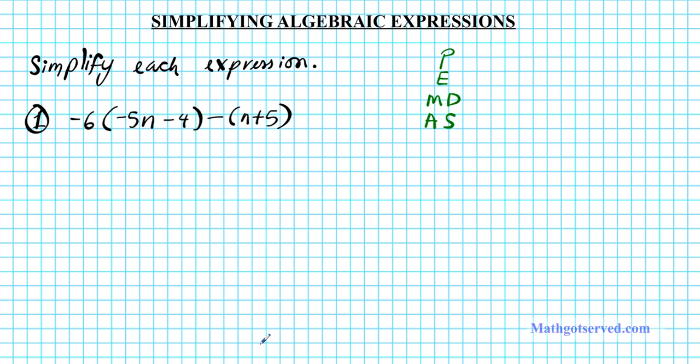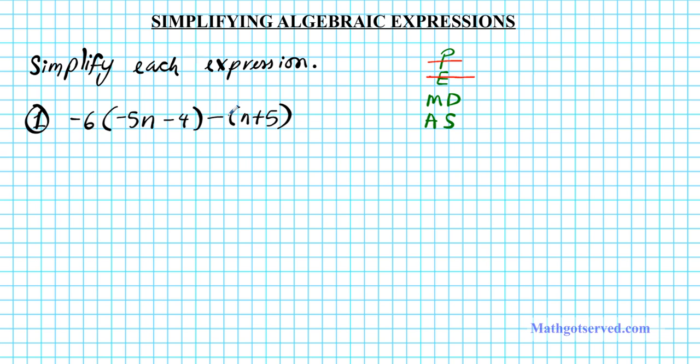So now that we cannot apply simplification of the parentheses, since the parentheses are already simplified, we move on to E. There are no exponents here, so we cross that out. Now multiplication and division. Notice we have a multiplication here.